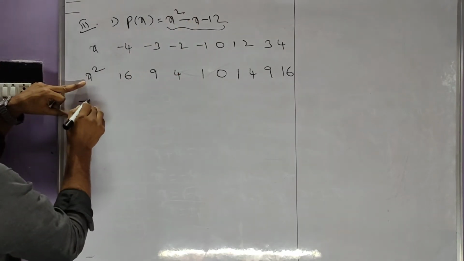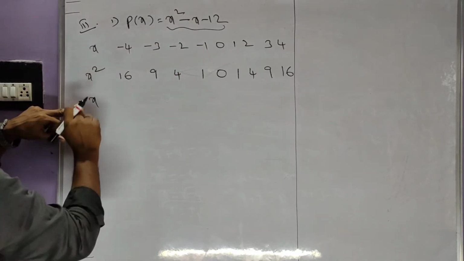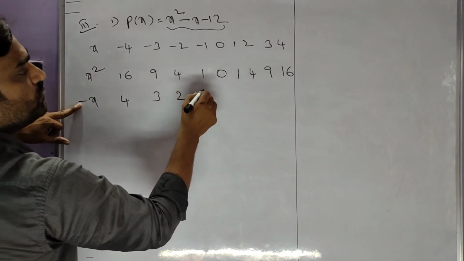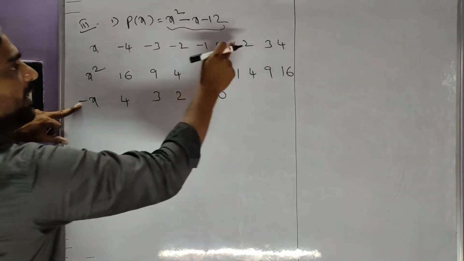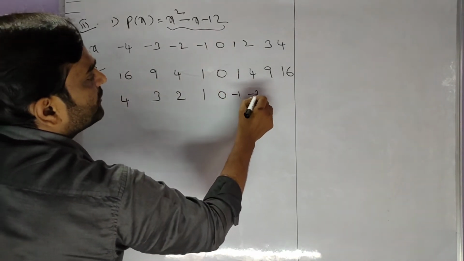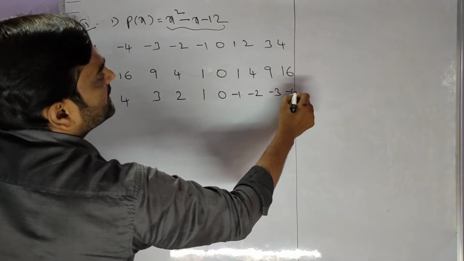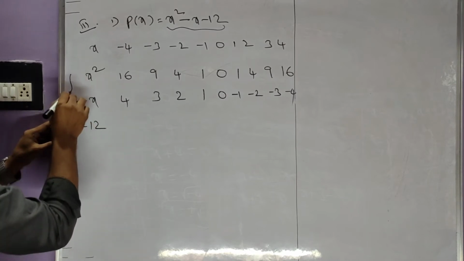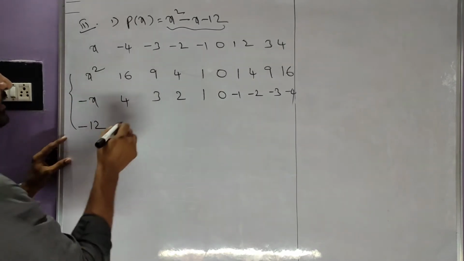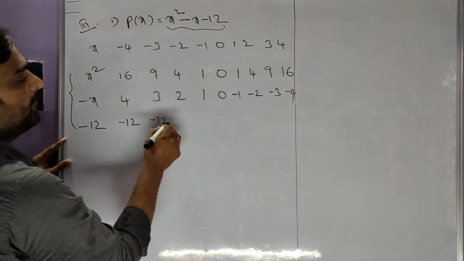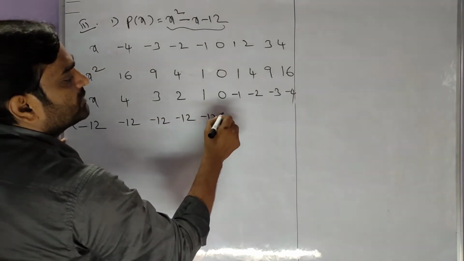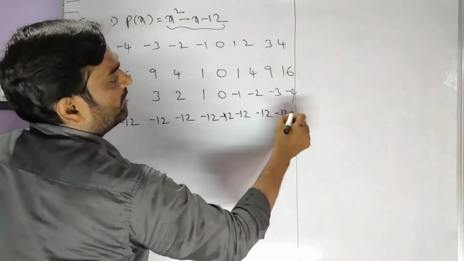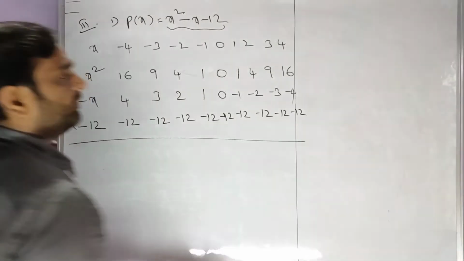And minus x: minus of minus 4 is plus 4, minus of minus 3 is plus 3, plus 2, plus 1, 0, and minus of 1 is minus 1, minus 2, minus 3 and minus 4. And we have the constant, that is minus 12, written in every term.